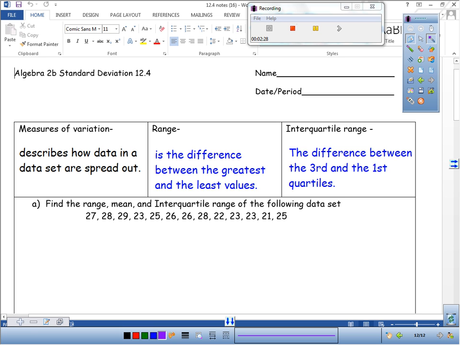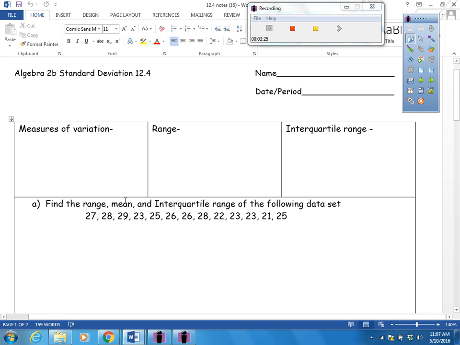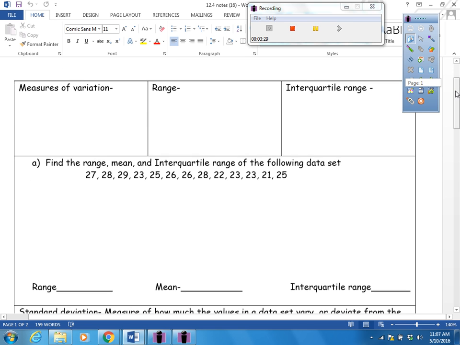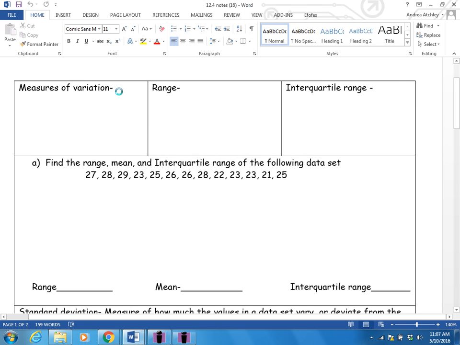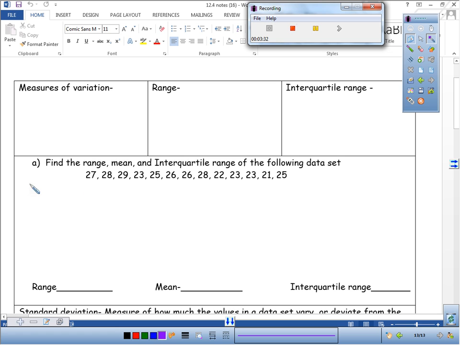Okay, so for our next problem, we're going to find the range, the mean, and the interquartile range of the following data set. We always want to start by putting them in order from least to greatest.